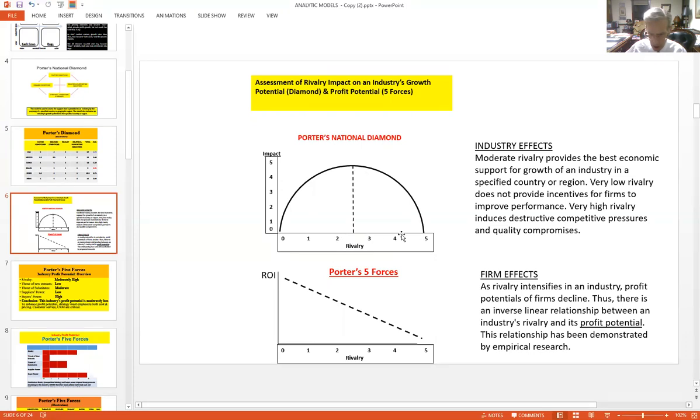As rivalry gets higher, what will happen is that companies will start to make exceptions to the rules, I guess you would say. They may compromise quality. They may compromise customer service.